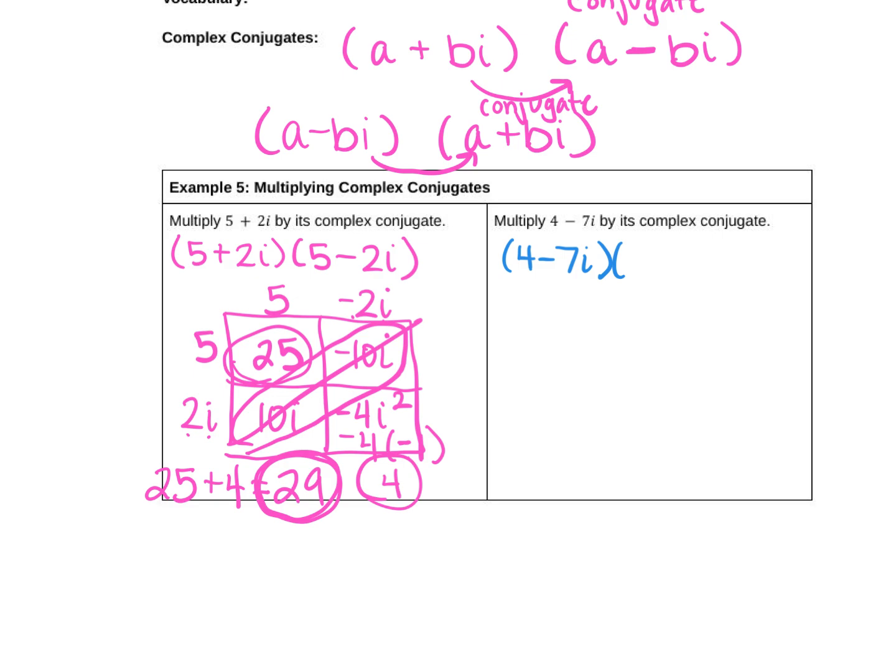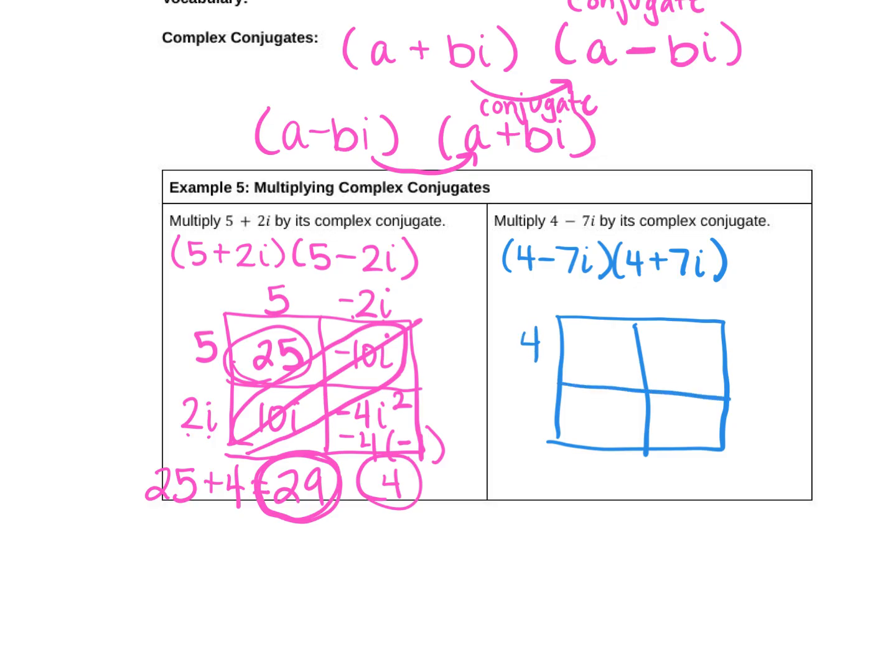If we have 4 minus 7i, what's the conjugate? 4 plus 7i. Yes, sir. That's right. And we're going to work it the same way. We're going to box method that puppy.